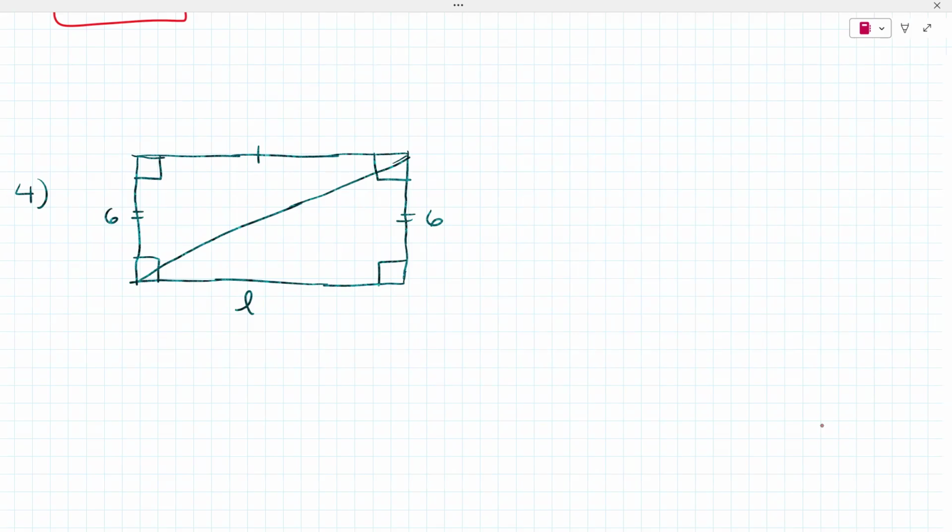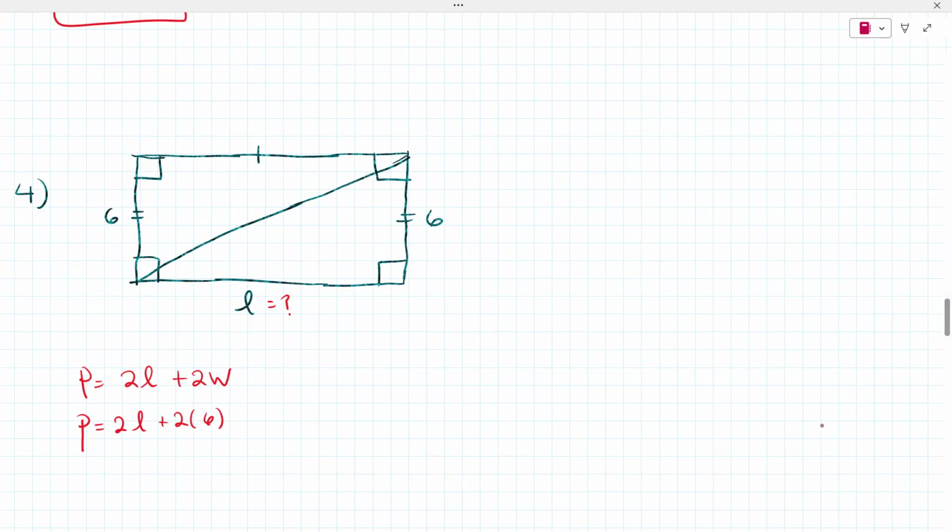We have a length which is unknown, right? We don't know this length, but we have this other width that's 6. So let's find the perimeter. The perimeter is 2 times length plus 2 times W. Unfortunately we don't know the length, but we do know the width.